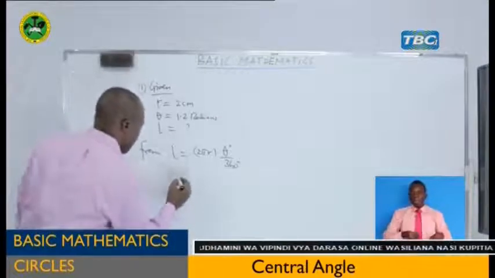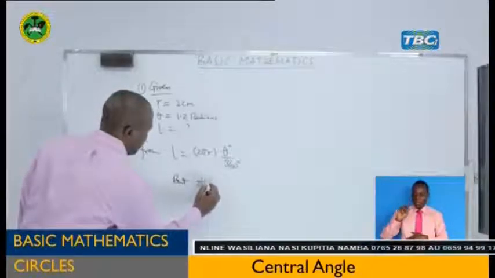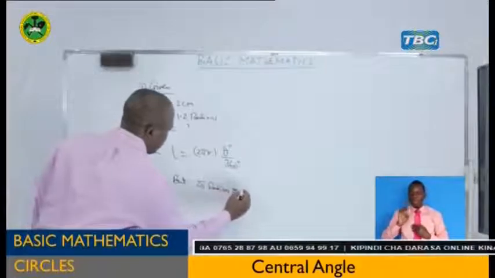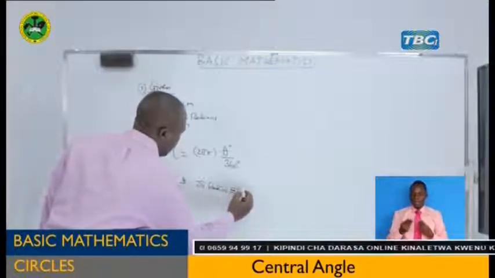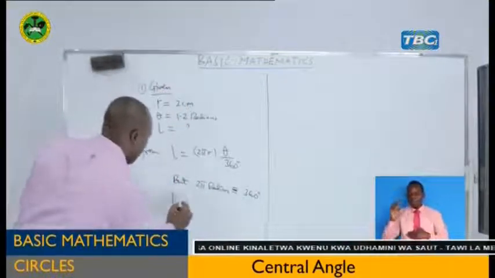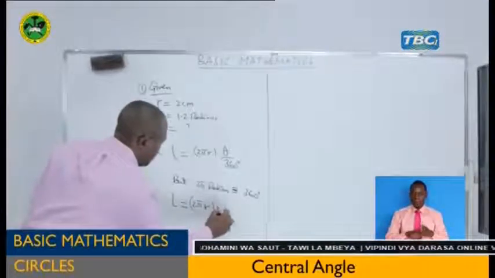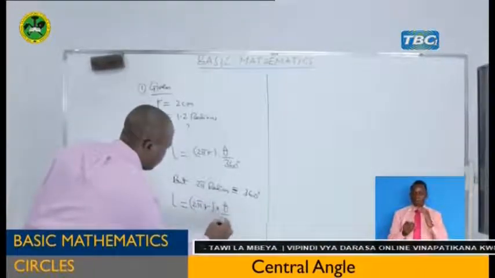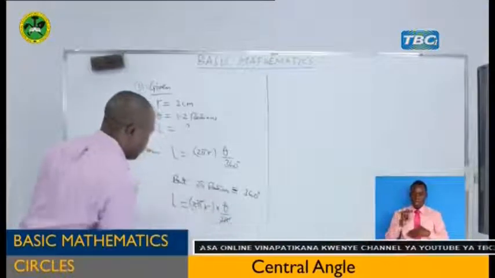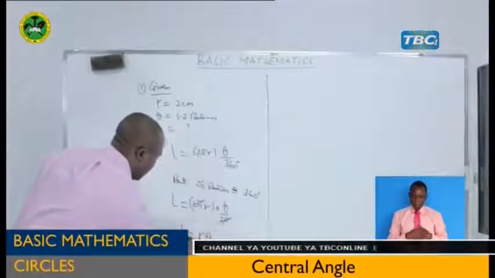So remember that 2 pi radians is equivalent to 360. So dear student, L equals 2 pi r times the central angle over 2 pi. On simplifying by 2 pi, then L equals r theta.